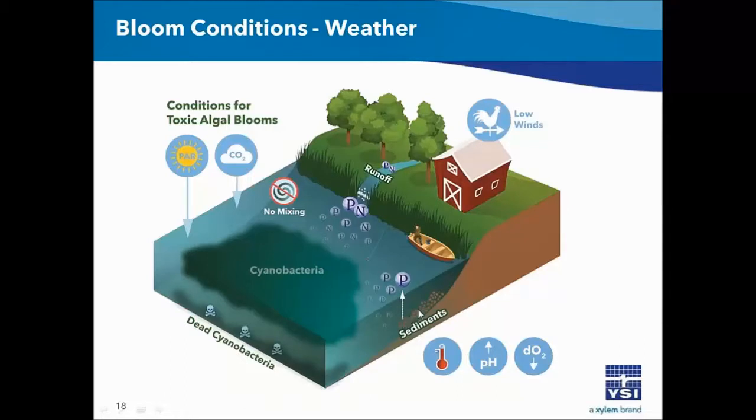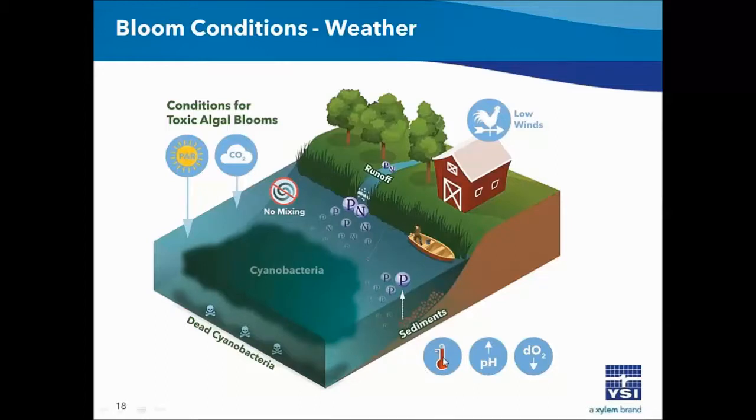And in systems where a lot of runoff has occurred for years, that sediment-bound phosphorus is also a nutrient source for cyanobacteria. Normally, there's not enough of these nutrients in the water for these cyanobacteria to bloom like this. But when you have a large introduction of them, the water becomes what we call eutrophic, and that really favors the growth of cyanobacteria.